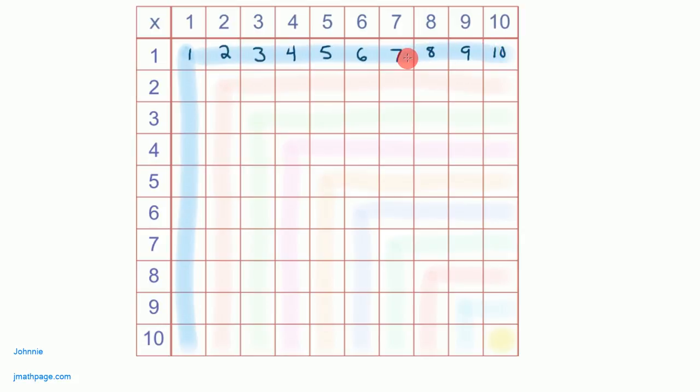We could think about it the other way, though. Now watch what happens here. 1 times 1 was 1, but what if we think about 2 ones, or 1 times 2?